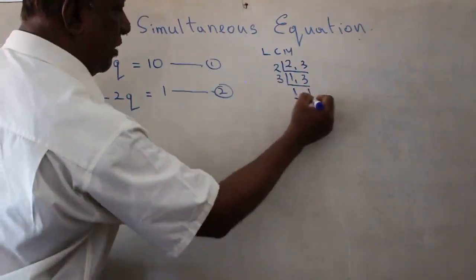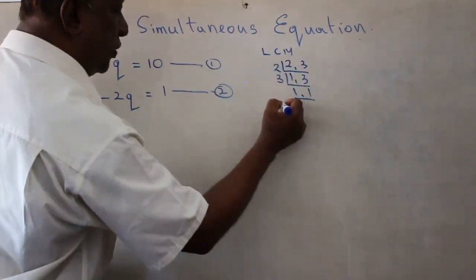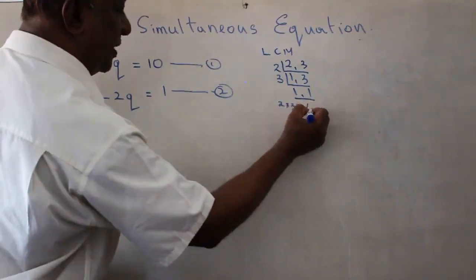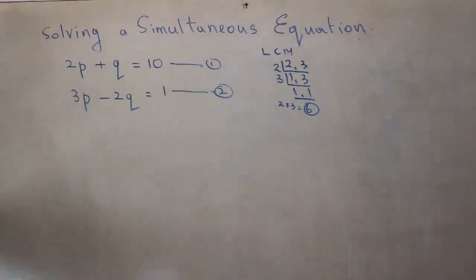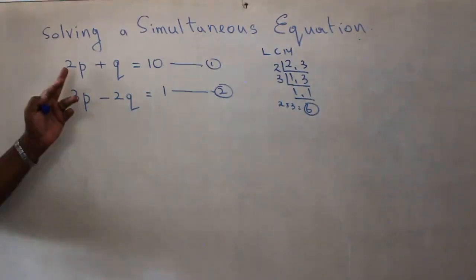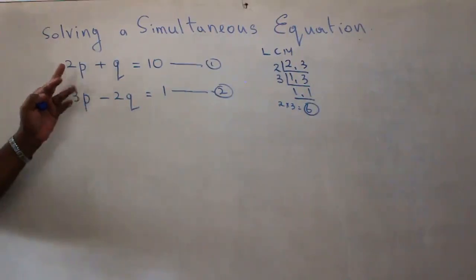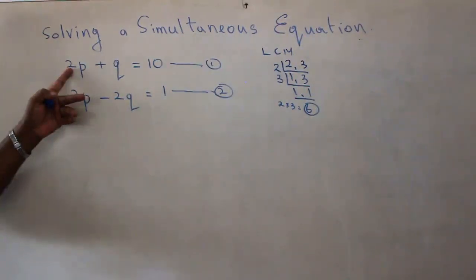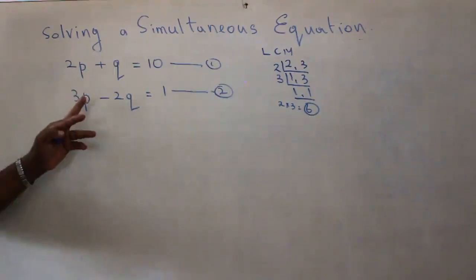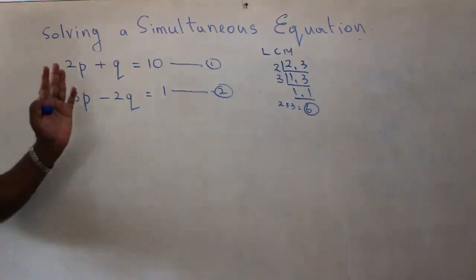Therefore the LCM is 2 into 3, which is 6. If I want to turn the coefficient of p into 6, I will have to multiply this 2 by 3. Similarly, I will have to multiply this 3 by 2.